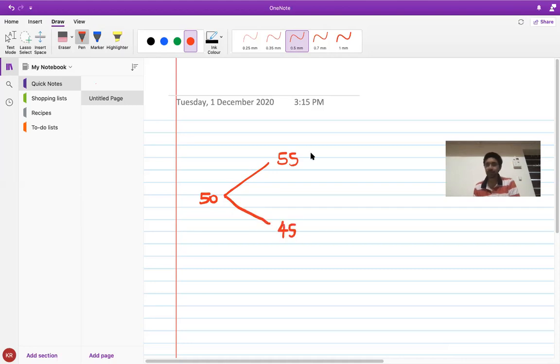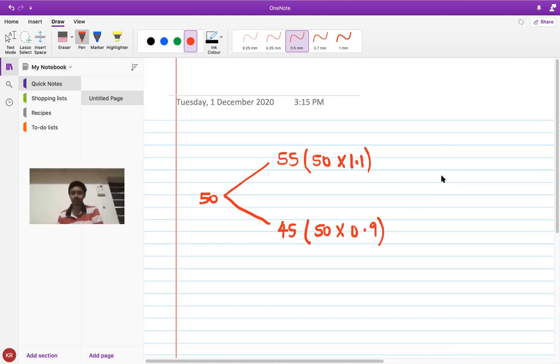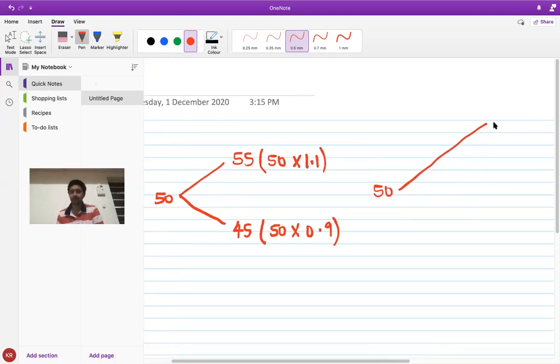This we multiplied by 50 into 1.1, and this we multiplied by 50 into 0.9. Alternatively, had we assumed 1.2 and 0.8, it would have been 50, and it could go up to 60, or it could fall down to 40.